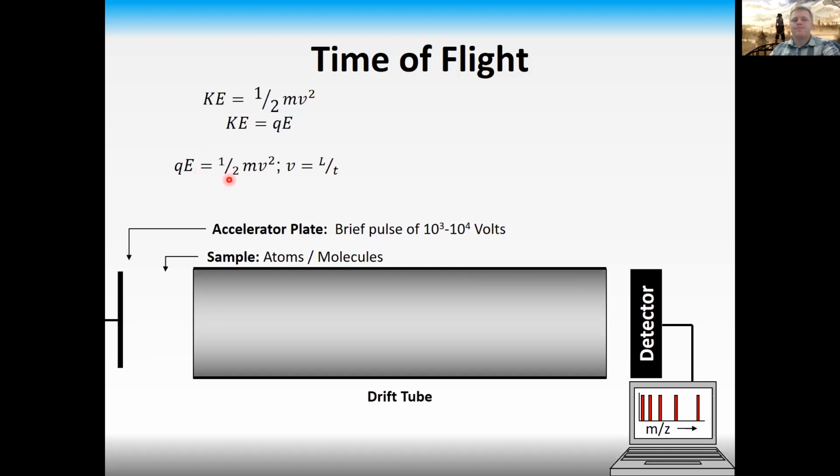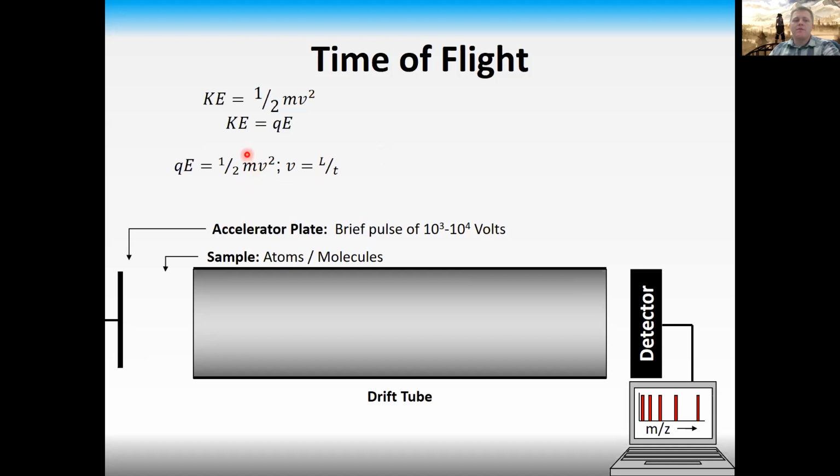We also remember that velocity is equal to distance over time, which is how far you travel in a given amount of time. The distance our ions travel in the drift tube is just the length of the drift tube, represented by L, and of course the time is just the time. So we can substitute v in this equation with L over t.